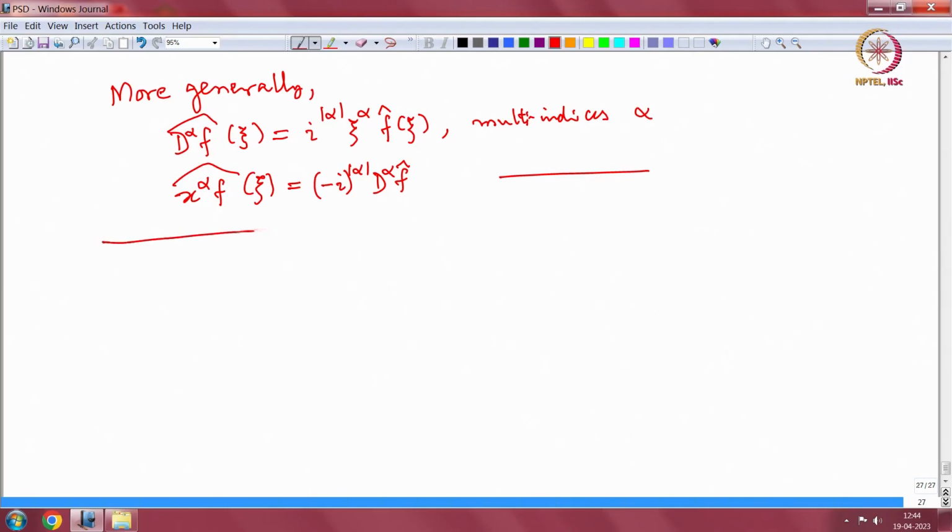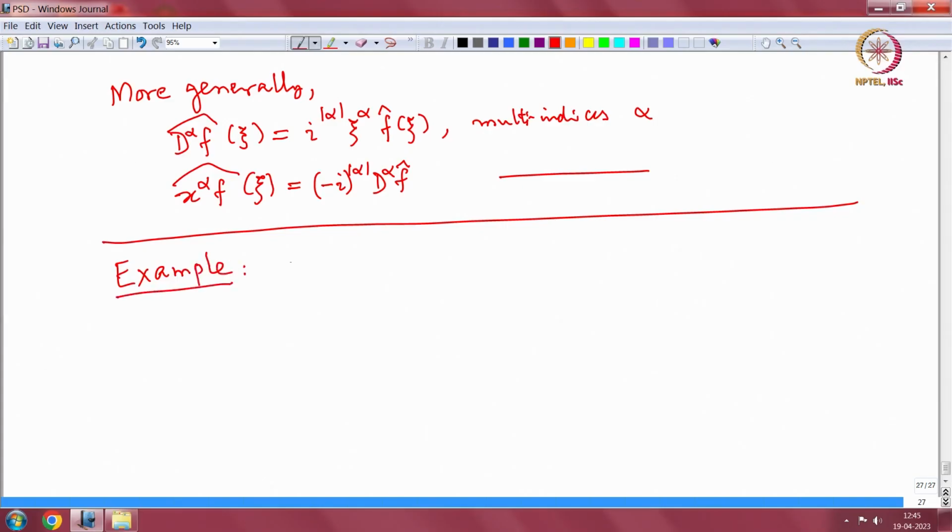One important function I just mentioned, the example, you should work out. This I am going to use repeatedly. This phi of x is e to the minus mod x square by 2.